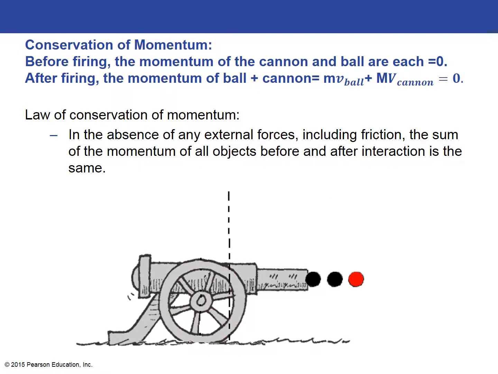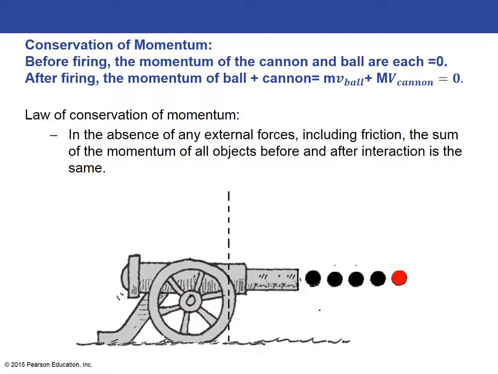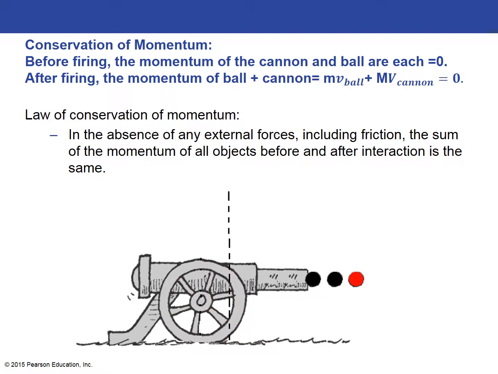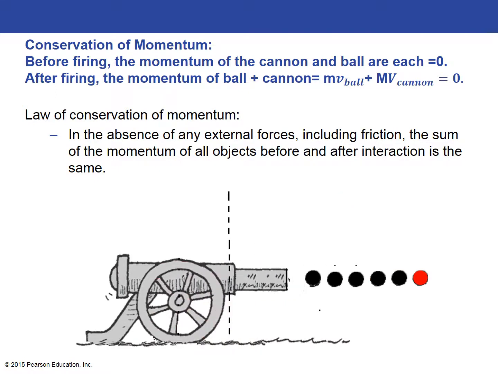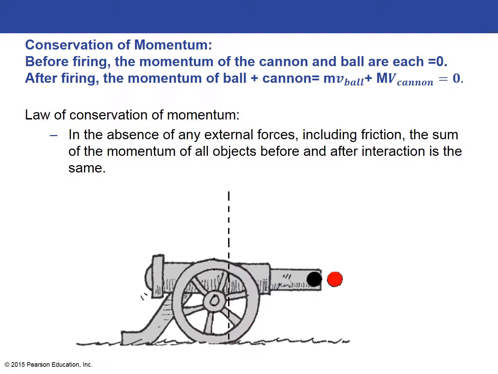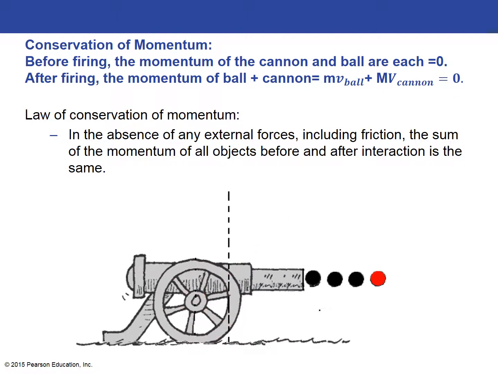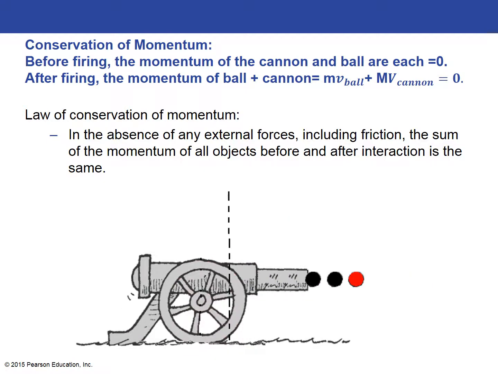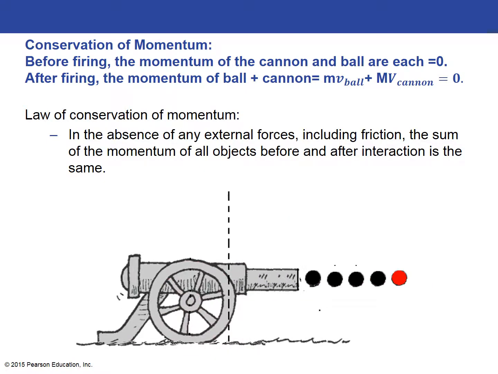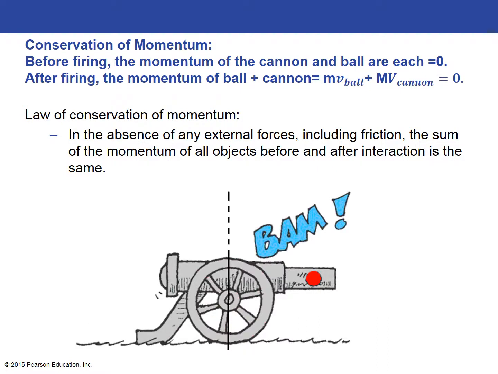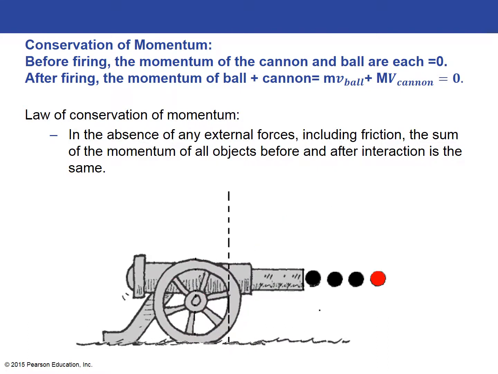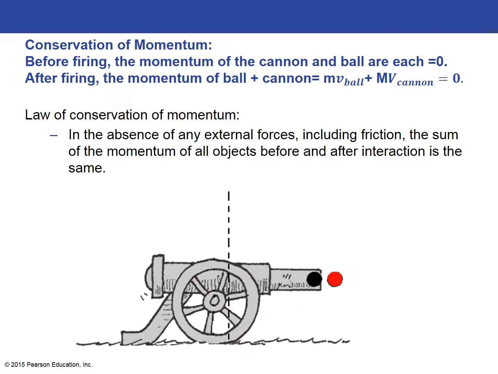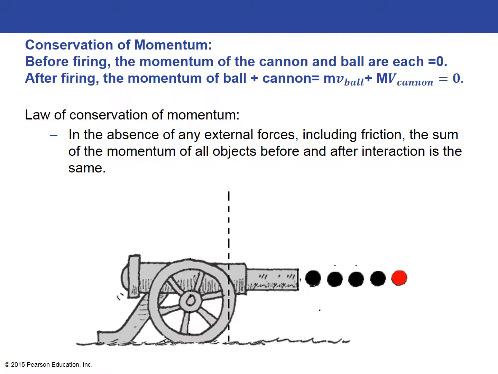If I now fire the cannon so that the ball exits with a high velocity, then in the absence of any friction, we'll say for right now that the cannon is sitting on a sheet of ice instead of on the rugged, rough bed of gravel that you see in front of you, then the cannon will recoil in the opposite direction.